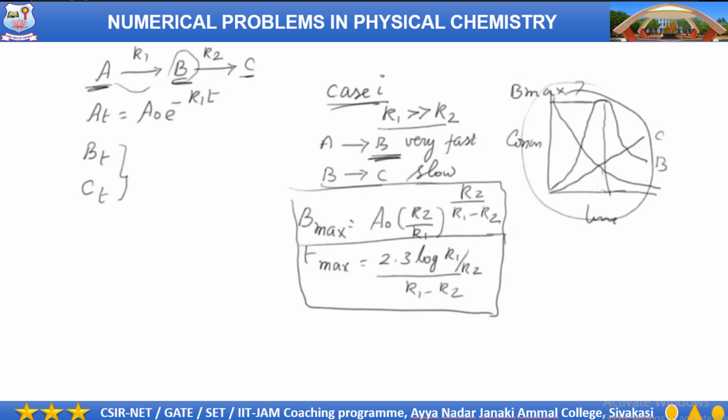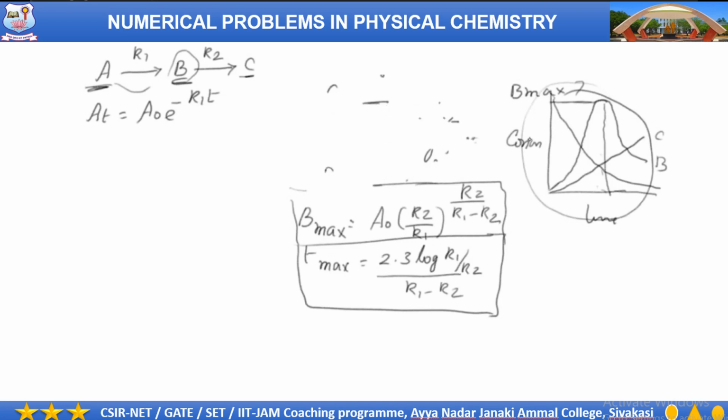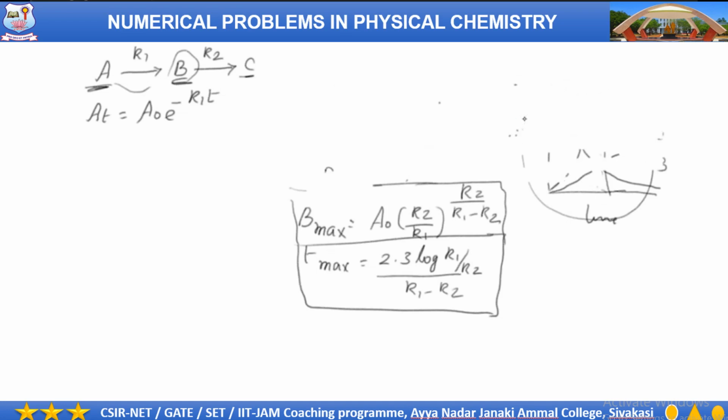A reaction proceeds through the formation of intermediate B in a unimolecular reaction.